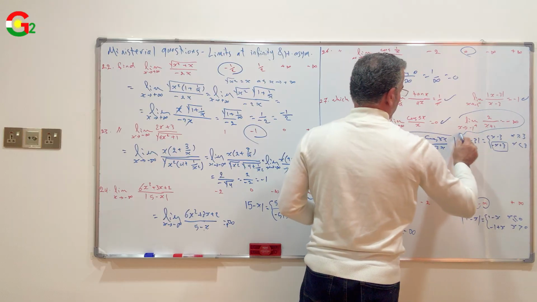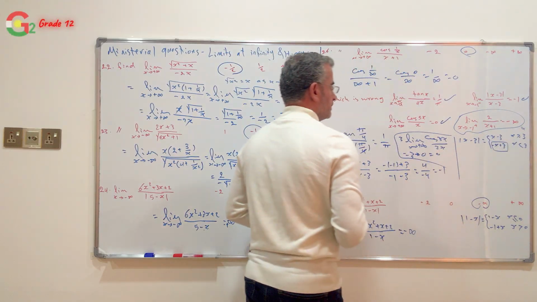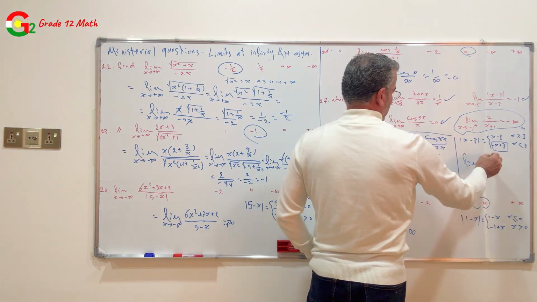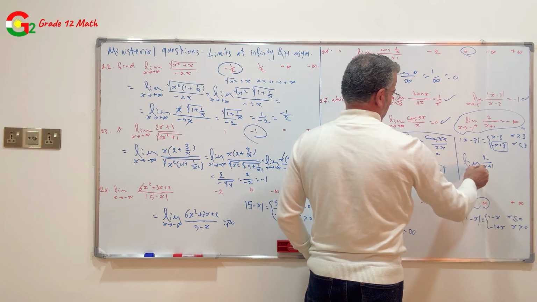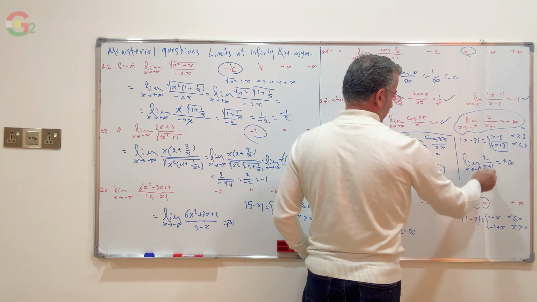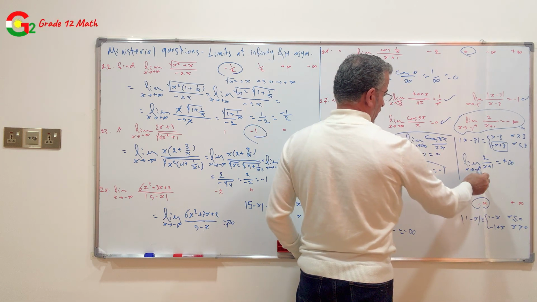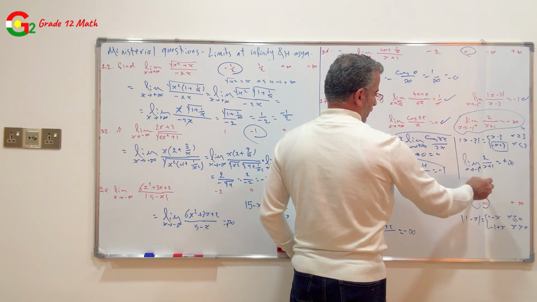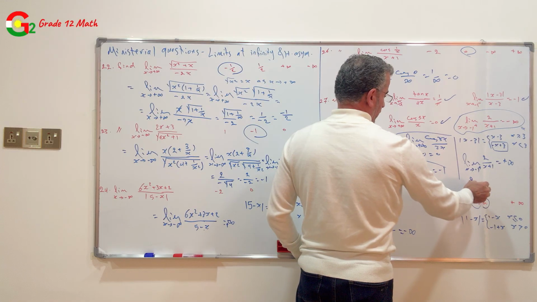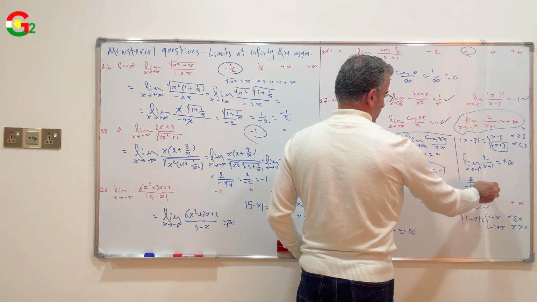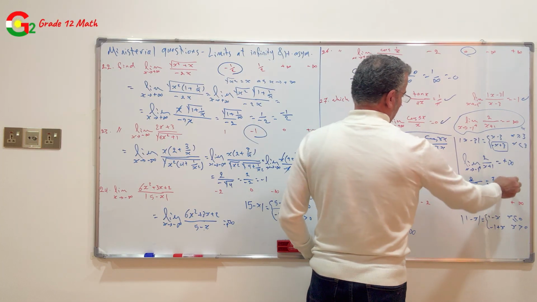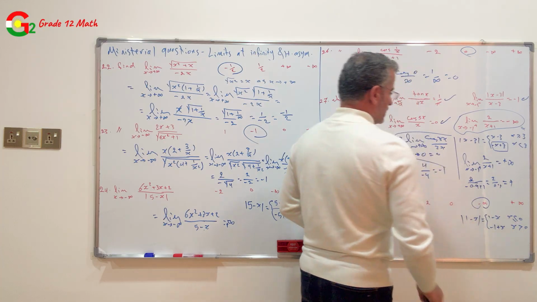Let us check D. It is wrong since the result is positive infinity. Limit 2 over x plus 1 when x approach to negative 1 from right equal to positive infinity. Since if we substitute every x with a number greater than negative 1, then the limit will be 2 over 0, negative 0.9 plus 1 equal to 2 over 0.1, and this value is positive.